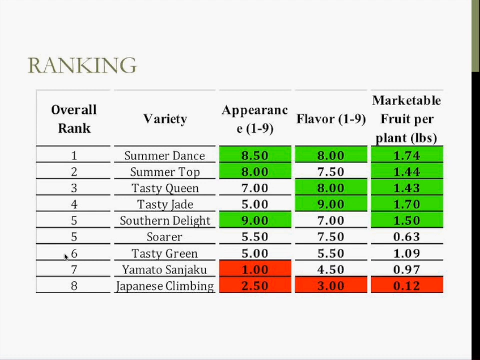This is an example of a ranking where you are looking at appearance, flavor, and marketable fruit. For marketable fruit, you could use a measurement, and this looks like maybe they did use a measurement in pounds there, but you could also use a ranking where you maybe harvest everything in front of the plot, and then you walk through and see which one's the best and which one's the worst.